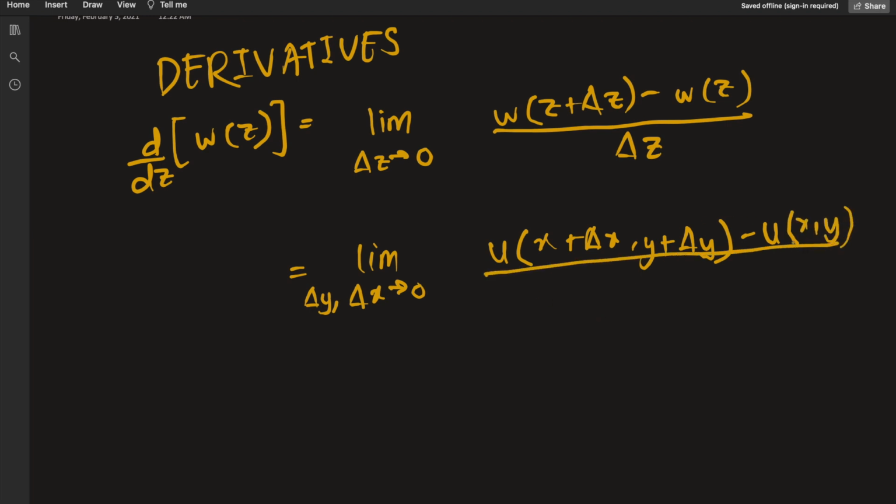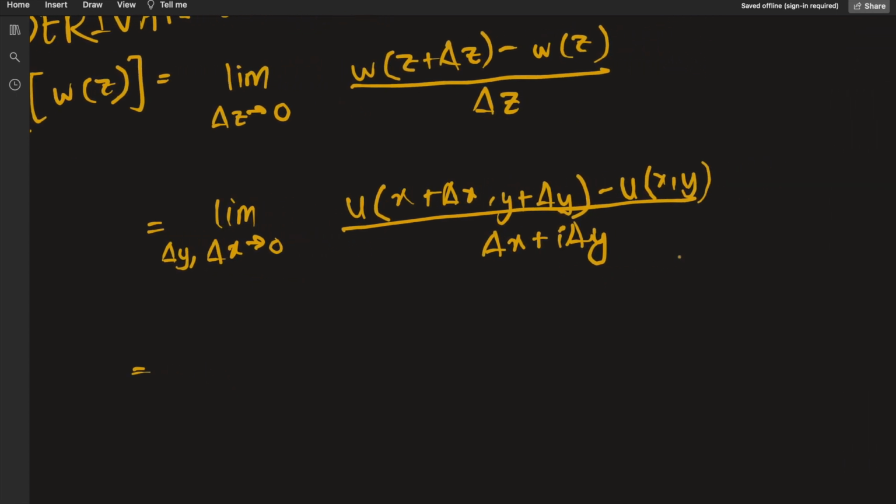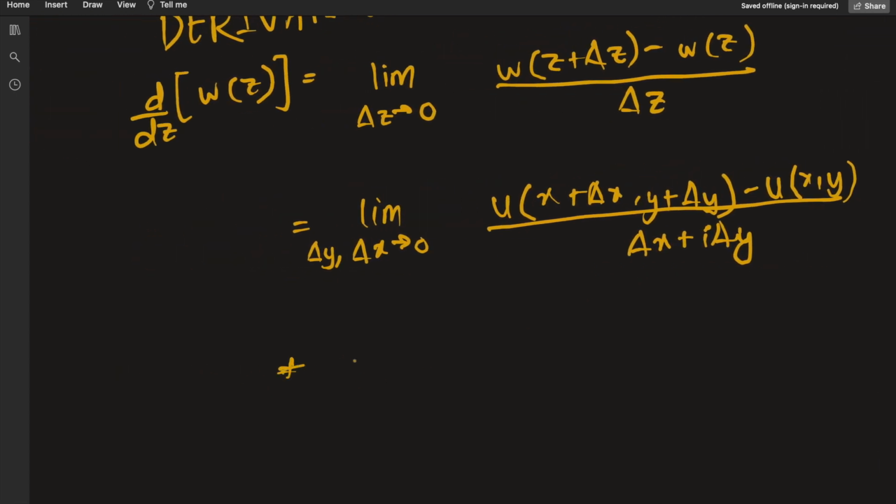You can divide this by delta x plus i delta y, and then add the imaginary terms, with the same limit.